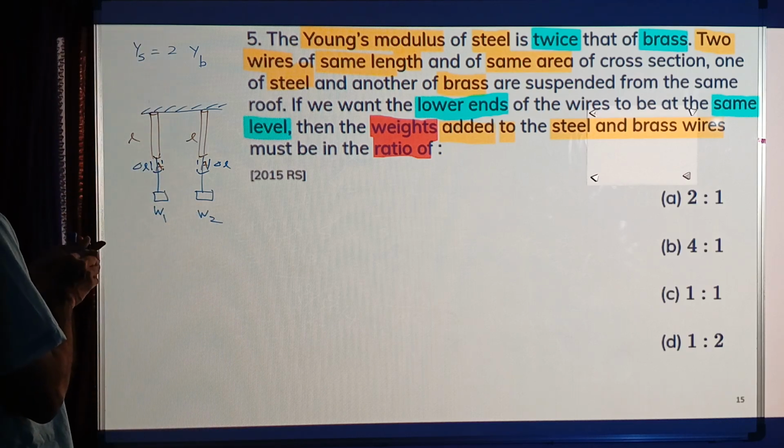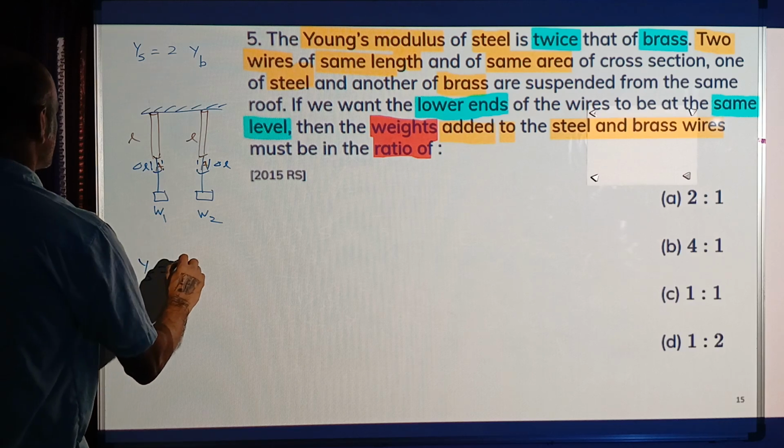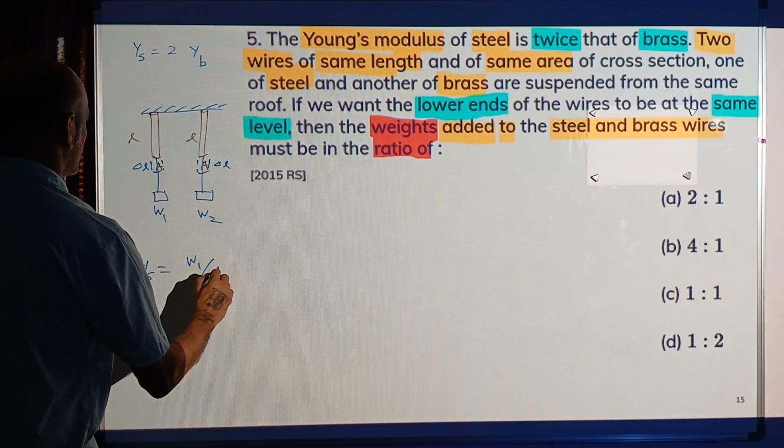So Young's modulus of steel is stress in this first wire, that is force per unit area.